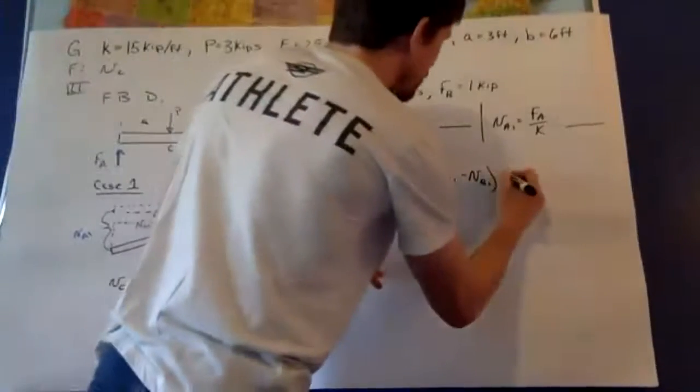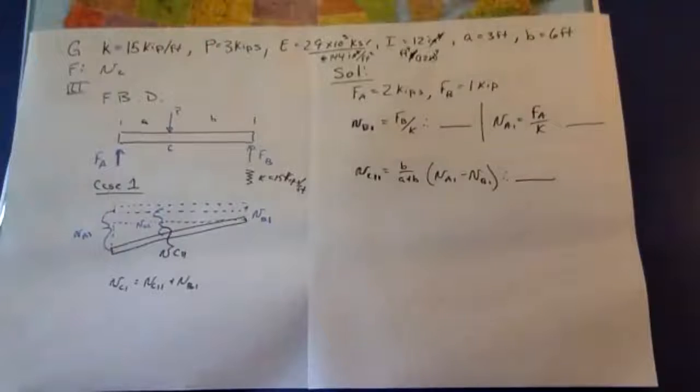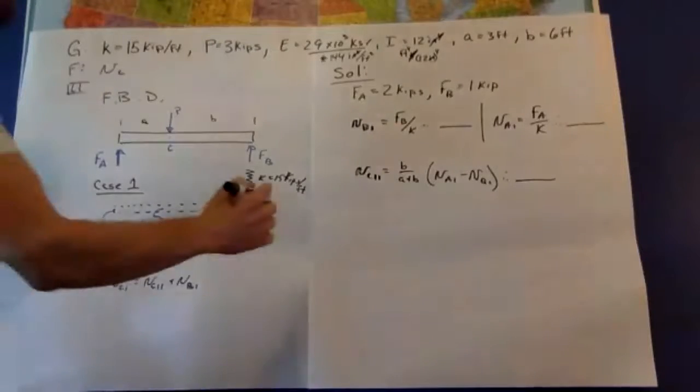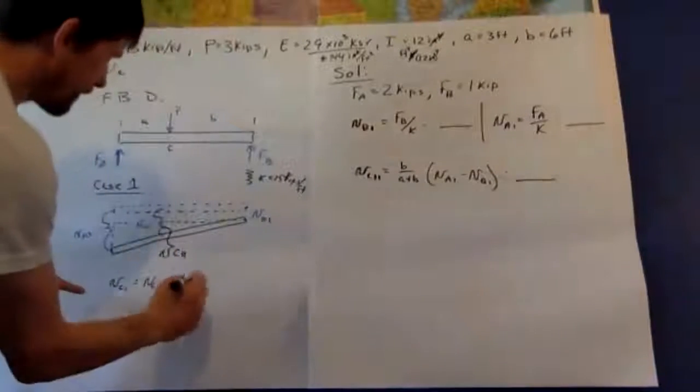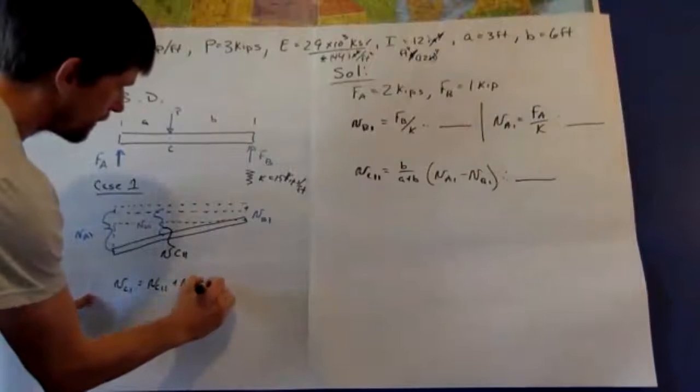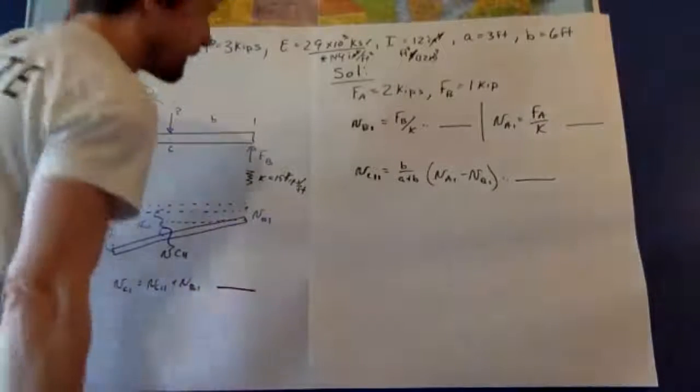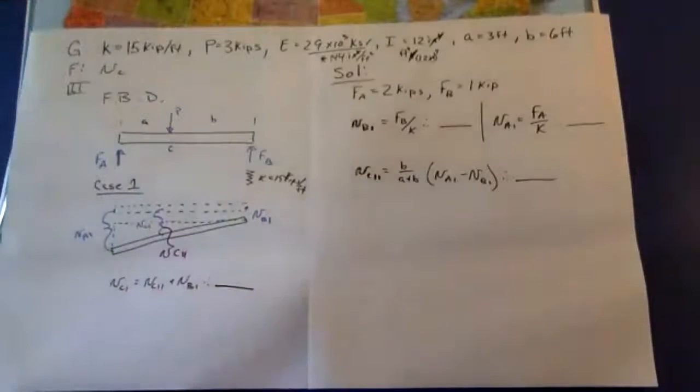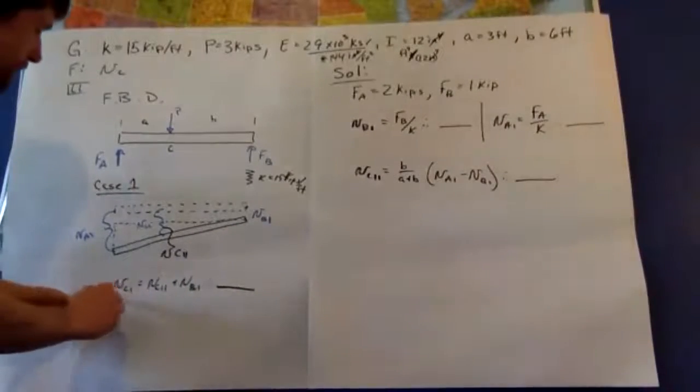And we can get an answer here. And then from that, we have everything that we need to get an answer. And that's how we would start with VC1.